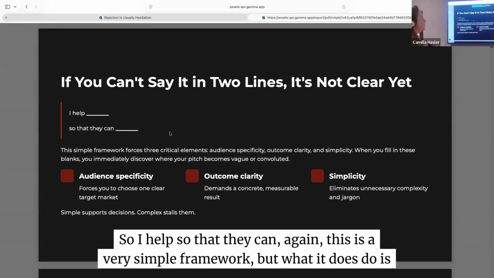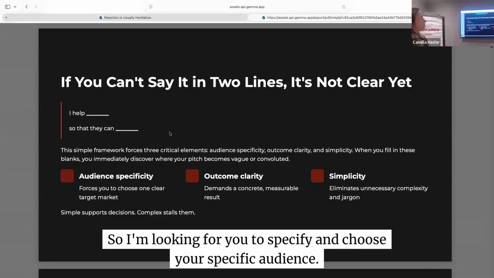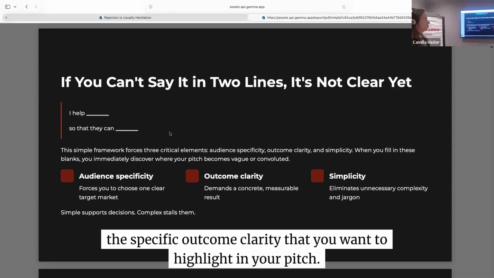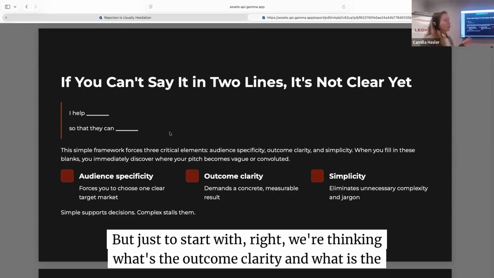This is a very simple framework, but what it does is force you to reflect and evaluate in terms of choice. I'm looking for you to specify and choose your specific audience, the specific outcome clarity that you want to highlight in your pitch. We are going to build and develop this and make it more complex, but just to start with, we're thinking: what's the outcome clarity and what is the simplicity?